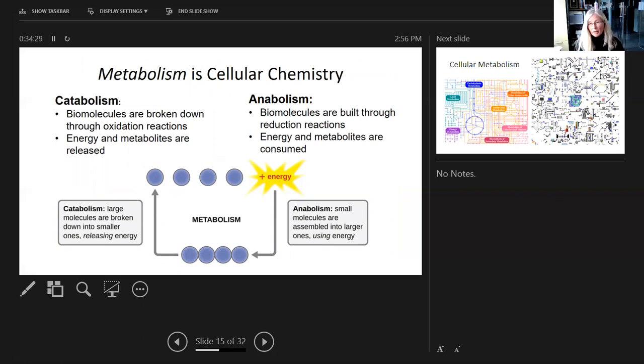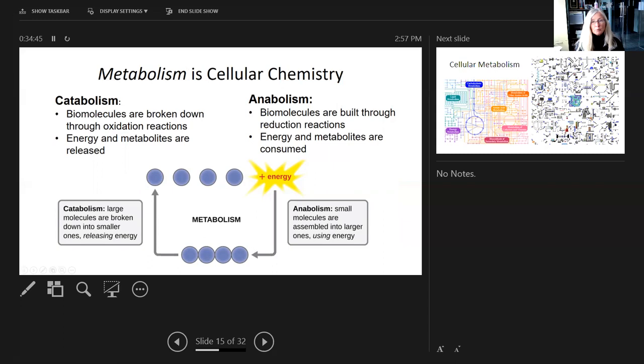There are catabolic reactions, or catabolism, where the biomolecules, because that's what we're talking about here, are being broken down through sequential oxidation reactions, through pathways of oxidation reactions. So they're being broken down to metabolites.